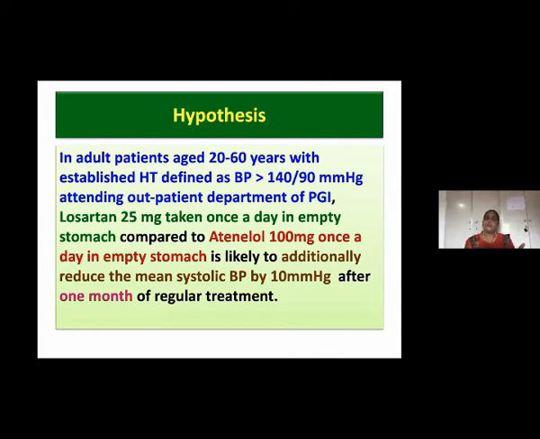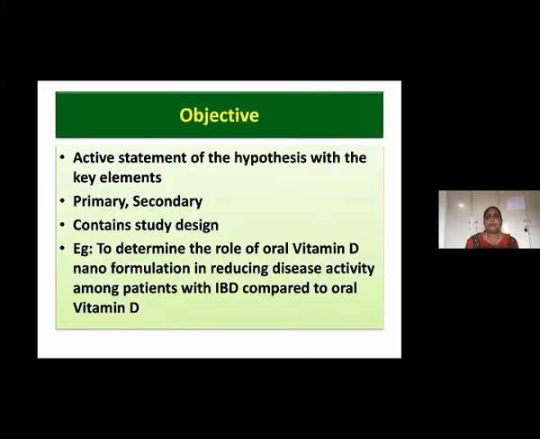So a hypothesis is not just a one sentence thing, it is a detailed understanding of what you are looking for. So the objectives are an active statement of the hypothesis with the key elements. It will be primary and secondary objectives. It contains study design.